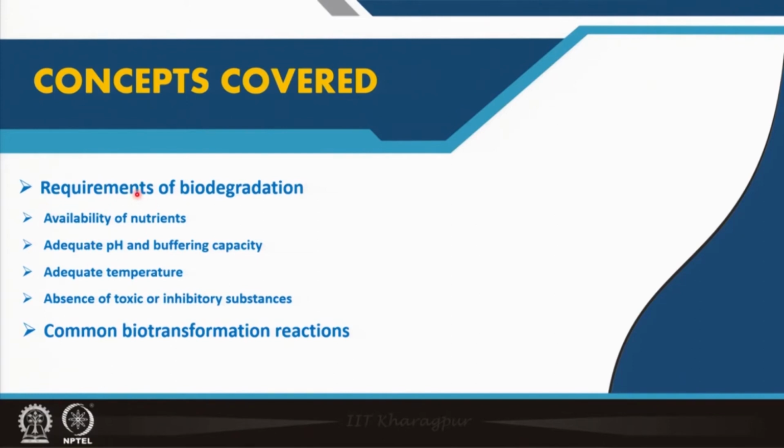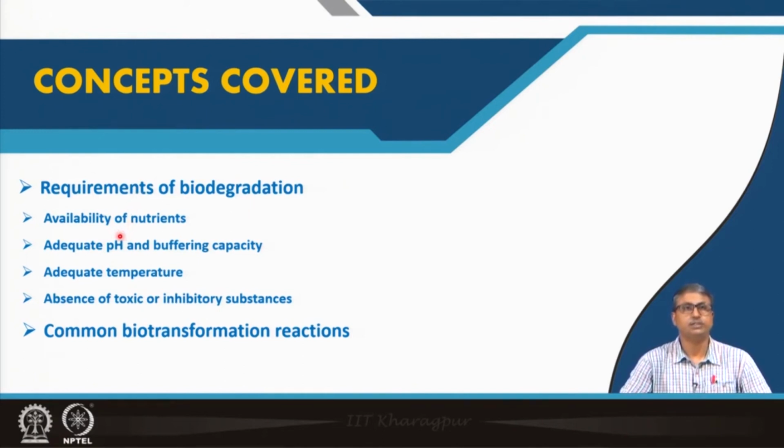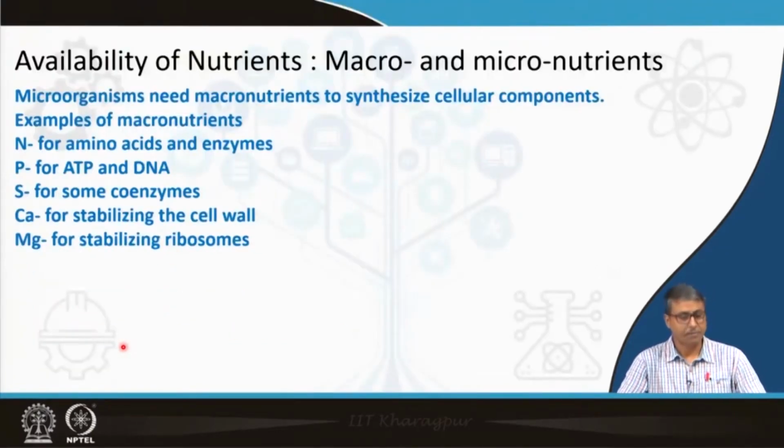These include availability of nutrients, adequate pH and buffering capacity, temperature, and absence of toxic or inhibitory substances. Followed by that, we are also going to talk about the common transformation or biotransformation reactions.